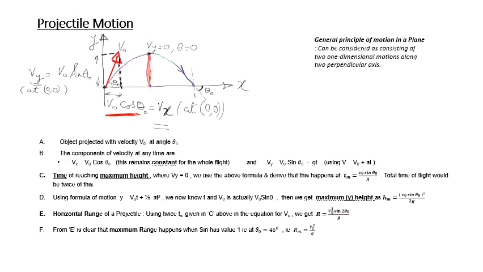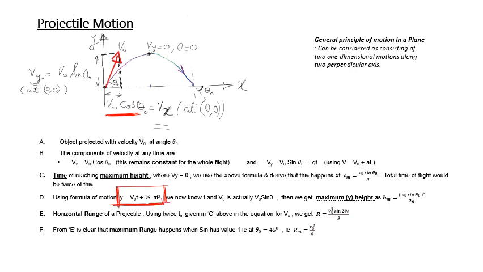Again, we'll use the law of straight line motion, the formulas of straight line motion. As you know, Vy was in this direction, it was being countered by gravity, so we'll use the relevant formula here, which gives us the height of a projectile object at any point.